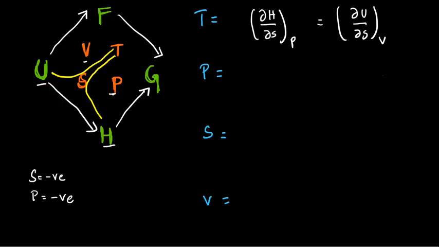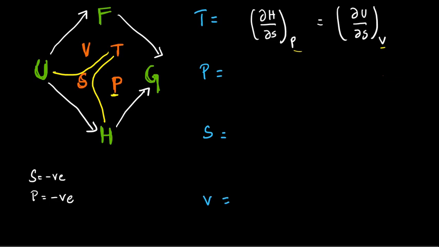Now let us derive the second one. I'm repeating it once again for T, so it will be useful for you to derive P, S, and V. For T, I'm going to trace a path from T which goes to H and U via S. When it goes to H, it crosses S, so dou H by dou S. Similarly, when it goes to U, it crosses S, so I'm writing dou U by dou S. Now we have to find the constant terms P and V. When it reaches H, the common term remaining here is P. We haven't used P over here, so P is the constant.